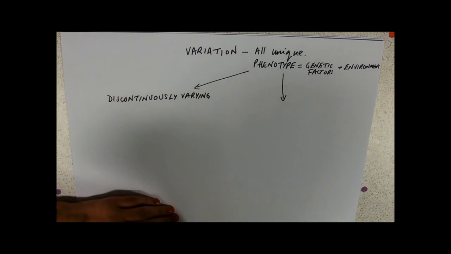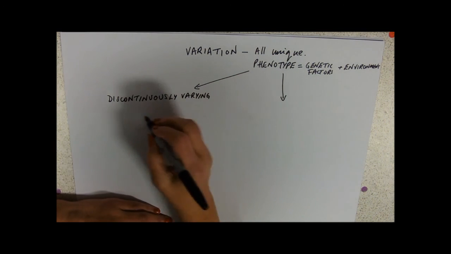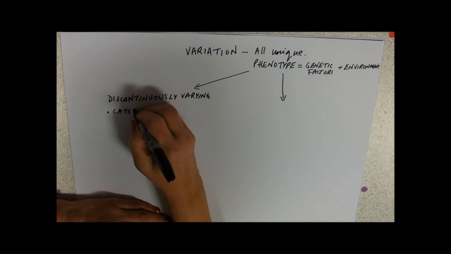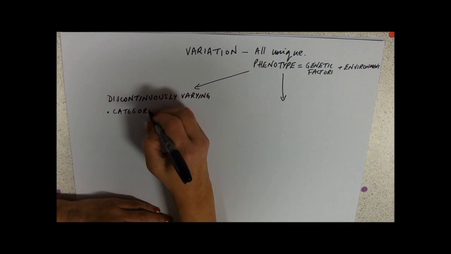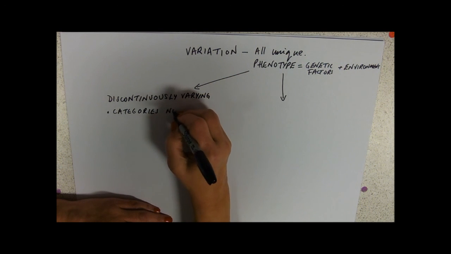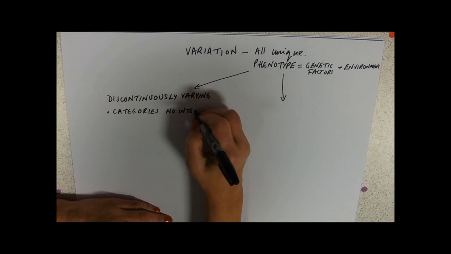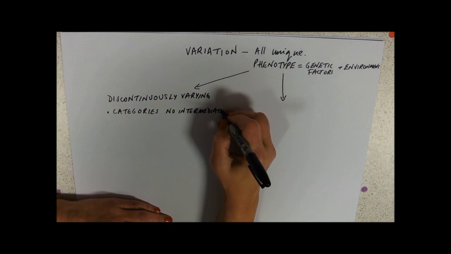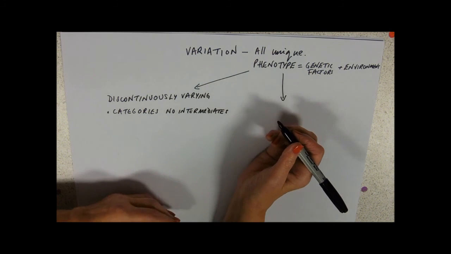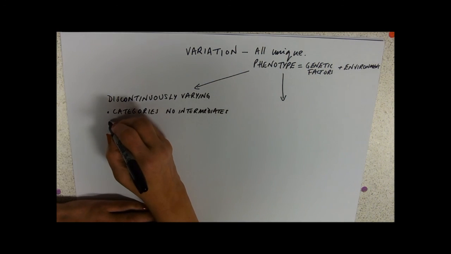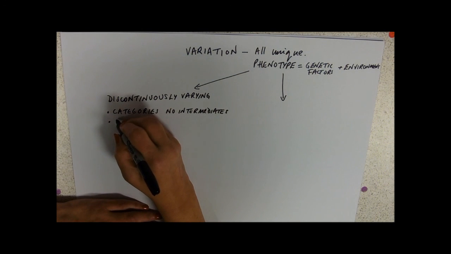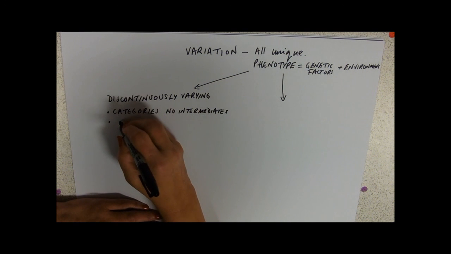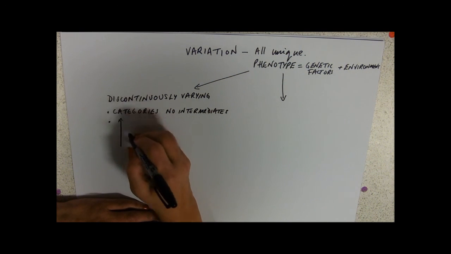Discontinuously varying phenotypes are things that are in categories with no intermediates. Given the work that we've just done on genetics, these are all the things that are inherited in a Mendelian way, so you need to think Mendelian genetics. That means you're sort of all or nothing.